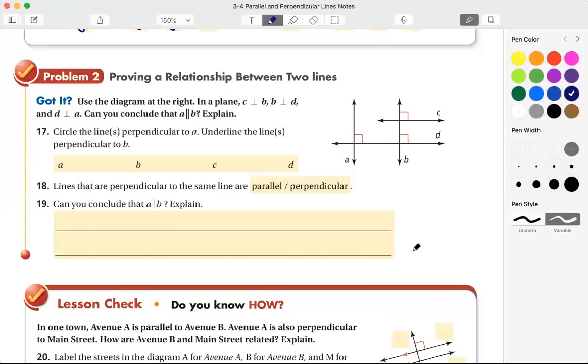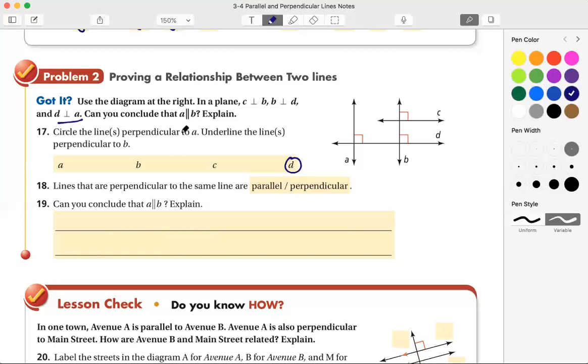So problem 2. Use the diagram at the right and in the plane, we know that C is perpendicular to B, we know B is perpendicular to D, and we know D is perpendicular to A. Can I conclude that A and B must be parallel? All right, so circle the lines that are perpendicular to A. So we only know that A is perpendicular to D, because they're right here.